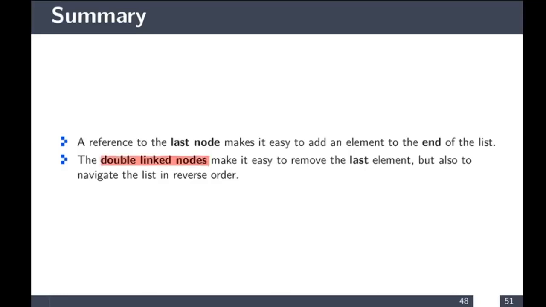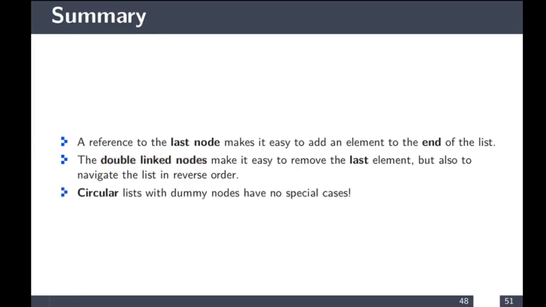This way, we can start with the tail element, move tail backwards, tail equals tail.previous, and remove the element. It's now also making it easy to traverse the list in both directions. However, having doubly linked nodes with a head and a tail reference means that there were many special cases.